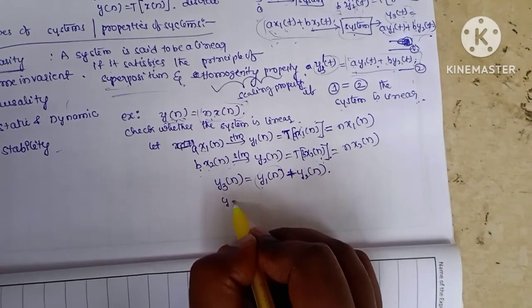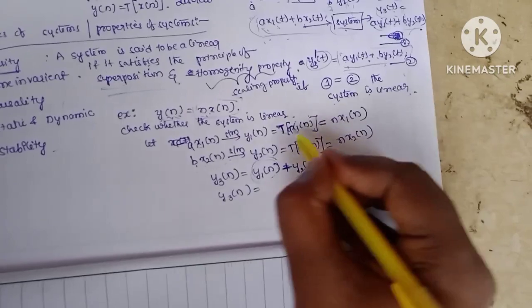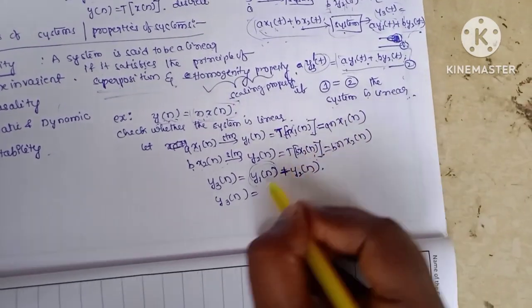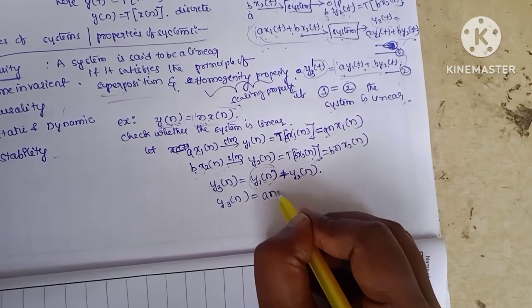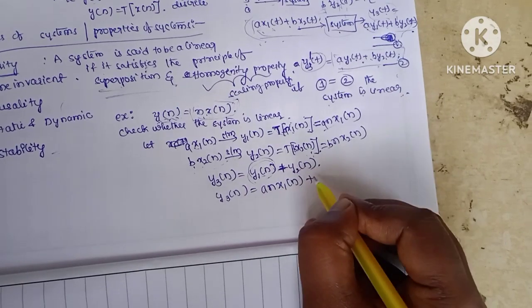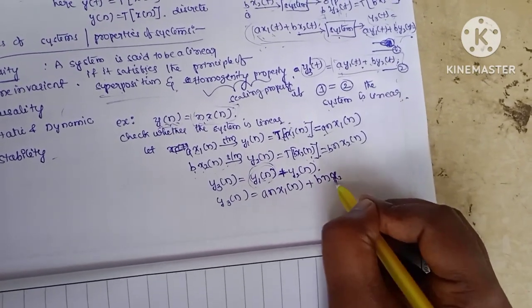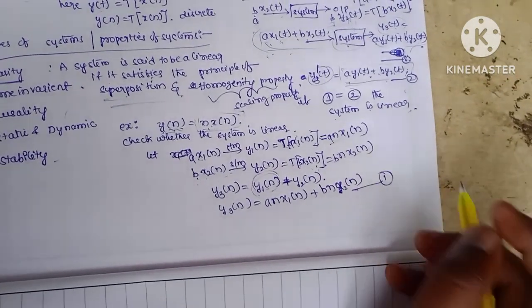So with scaling a and b, y3 of n is a into n x1 of n plus b into n x2 of n. This is one, let us consider.